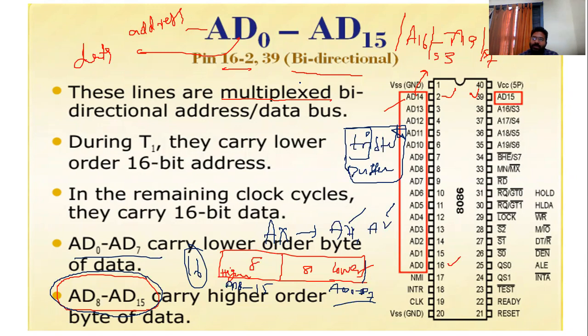It is always available in one state. These lines are initially address lines.